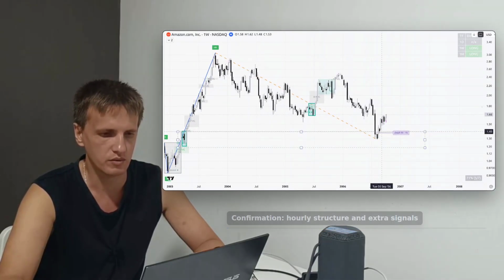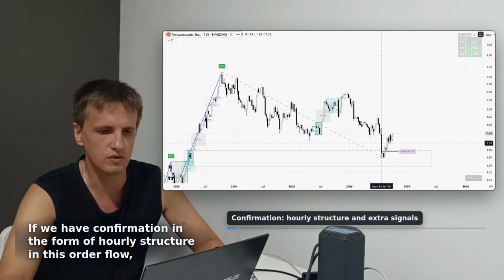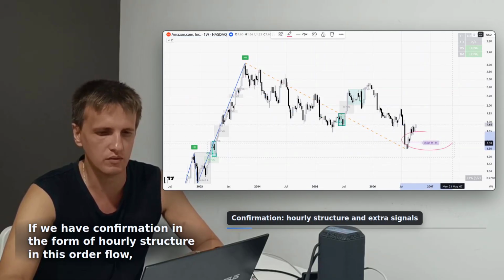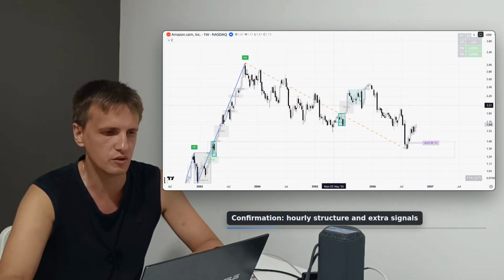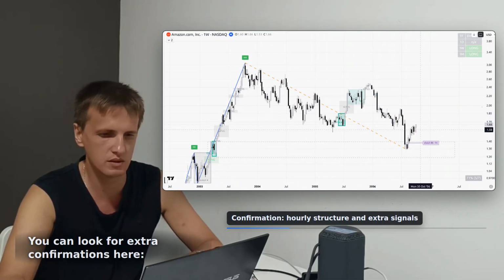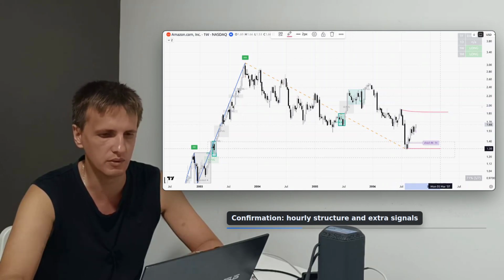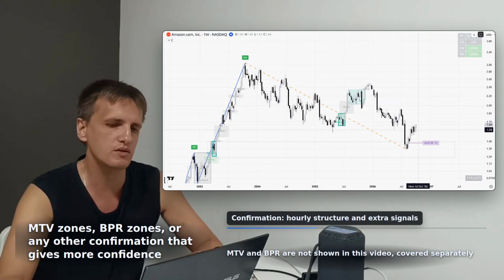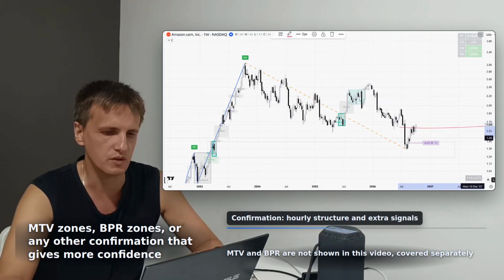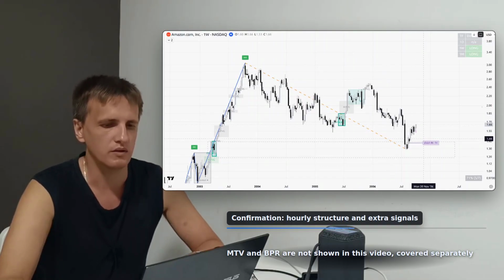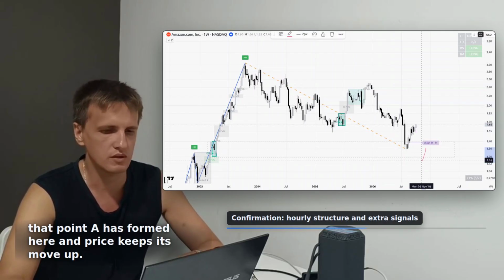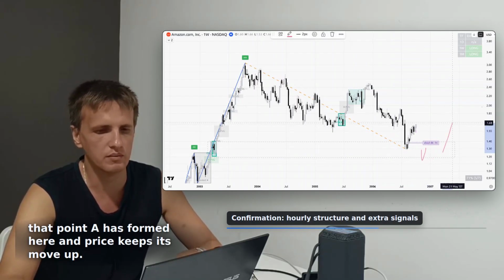And here it is. If we have confirmation in the form of hourly structure in this order flow, we can loosely count on it playing out. You can look for extra confirmations here. MTV zones, BPR zones, or any other confirmation that gives more confidence. That point A has formed here, and price keeps its move up.